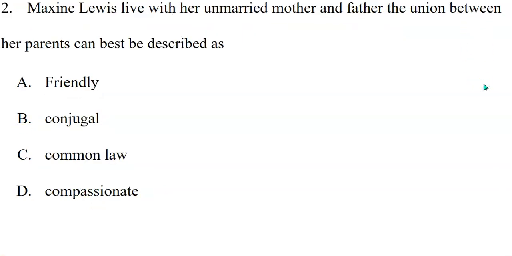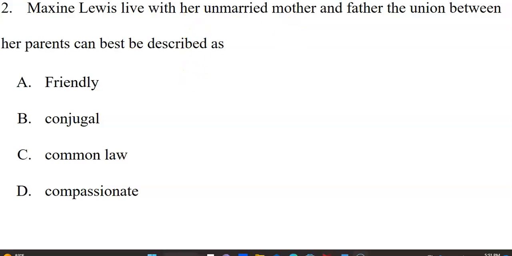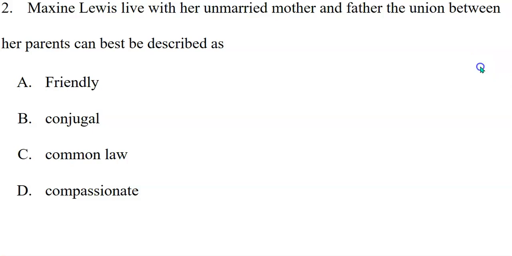Question 2, Maxine Lewis lived with her unmarried mother and father. The union between her parents can best be described as, and if you know the answer to question 2, what is it? If your answer is letter C, common law union, you are definitely correct.